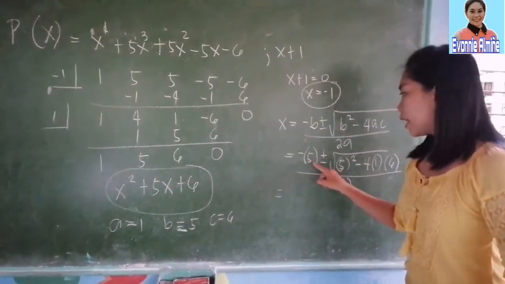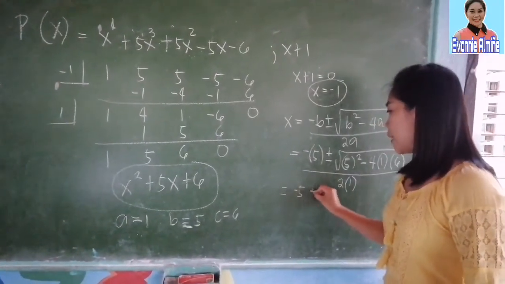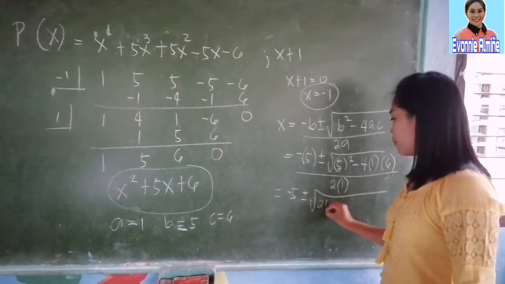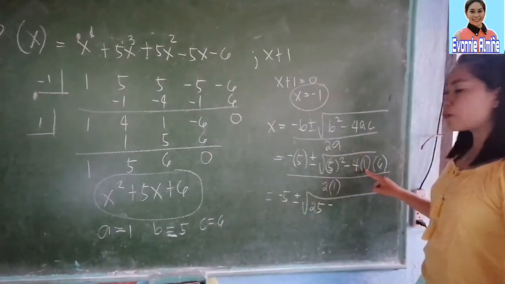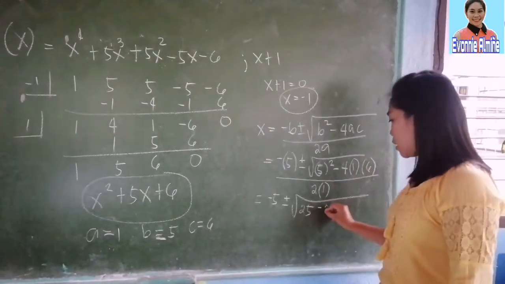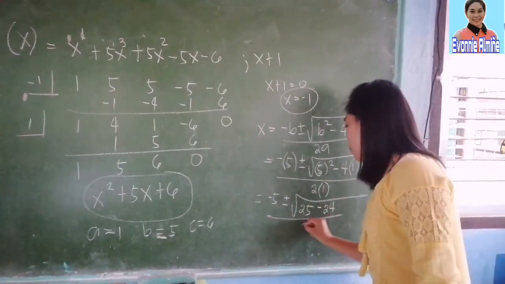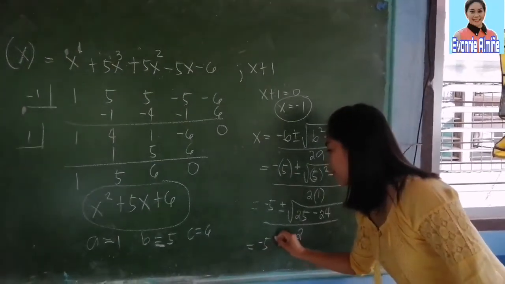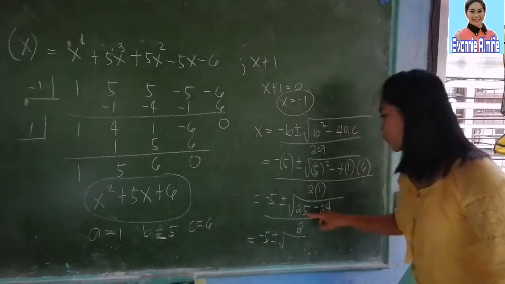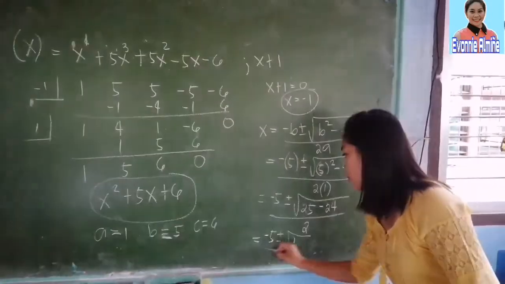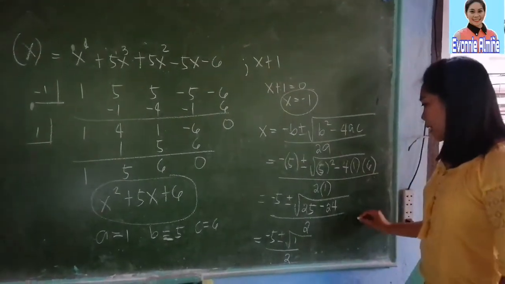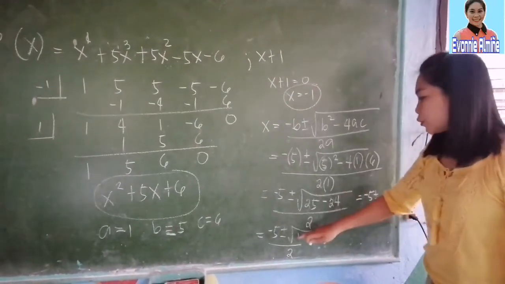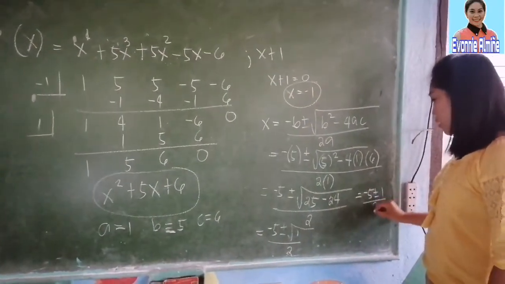So, negative times positive 5 is negative 5 plus or minus square root of 5 times 5 you have 25 minus 4 times 1 you have 4 times 6 you have 24 over 2. So, you have bring down negative 5 plus or minus square root of 25 minus 24 is 1 over 2. Okay. So, you have negative 5 plus or minus square root of 1, of course, is 1 over 2.